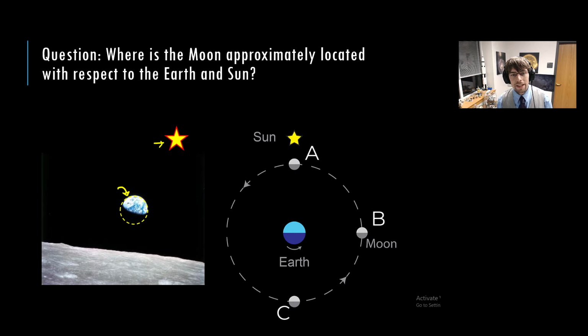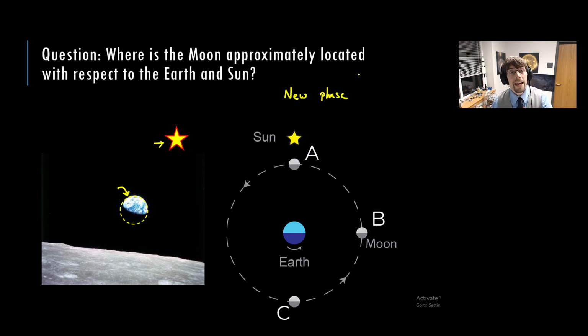Incidentally, if I point at the moon and I point at the sun, what's roughly the angle between your two arms? Yeah, good, 0. I should say, when the moon is in a position that we cannot see any of its illuminated portion, we call that a new phase.